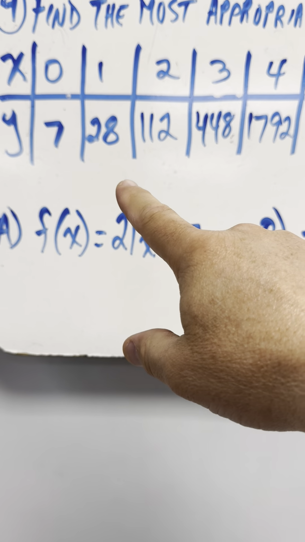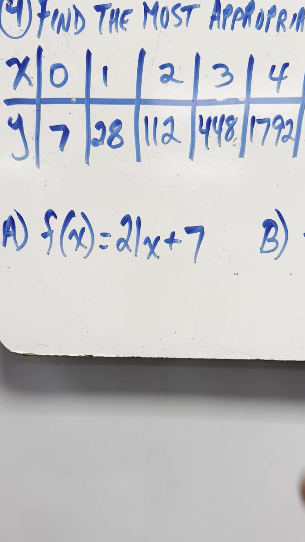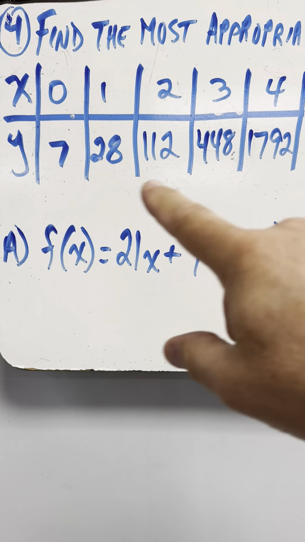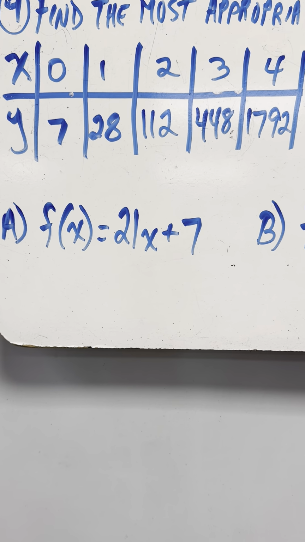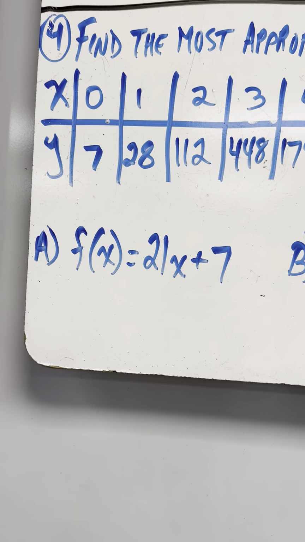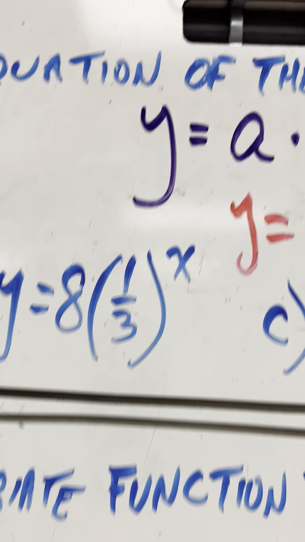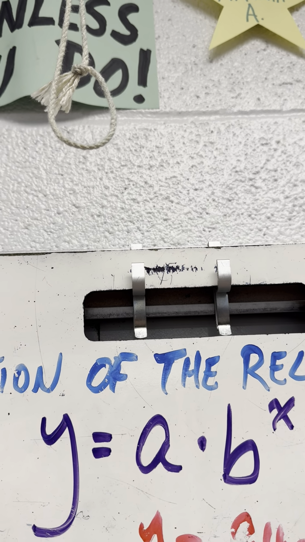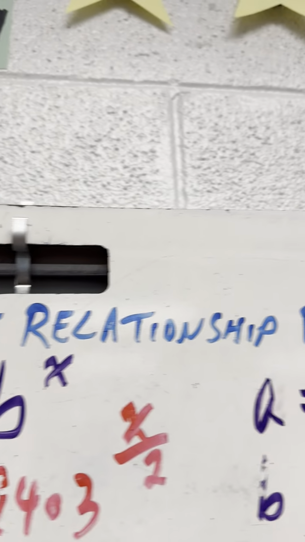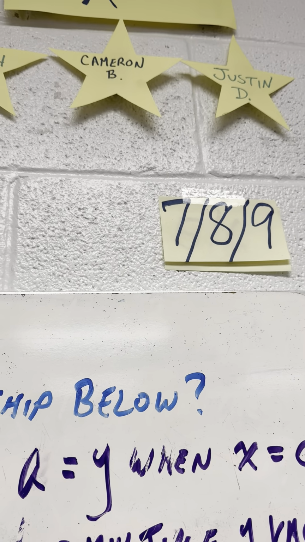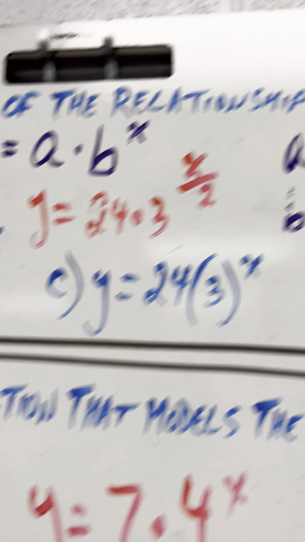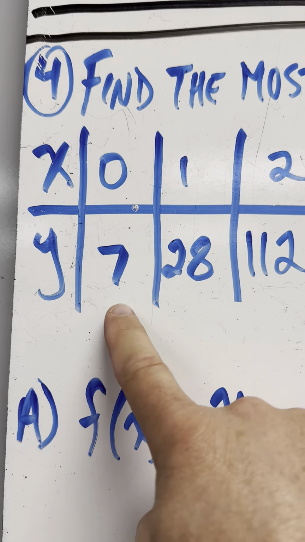This is times 4, times 4, times 4, times 4. So when the top is adding 1 and the bottom is multiplying, that's called an exponential relationship. So you're going to use this form right here: y equals a times b to the x, where a is the value of y when x equals 0. In this case, a is just going to be 7.